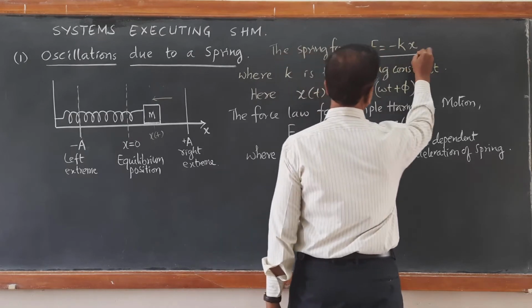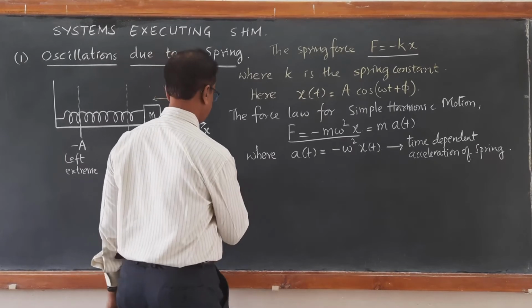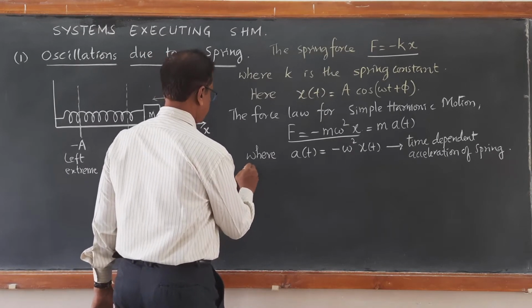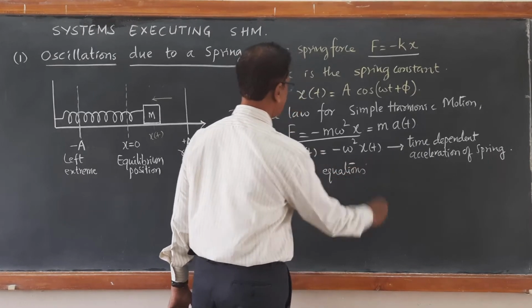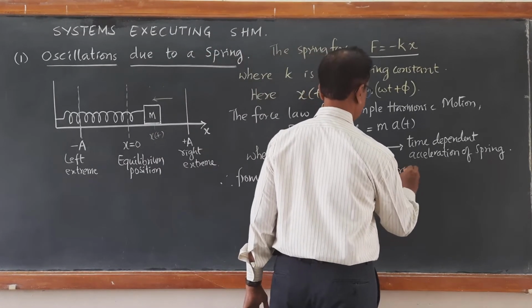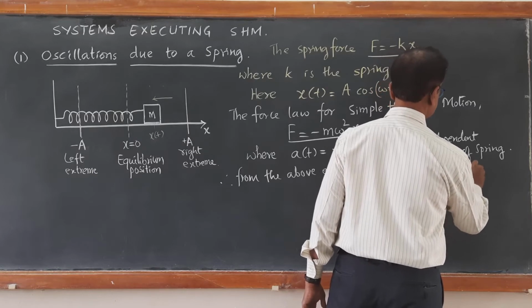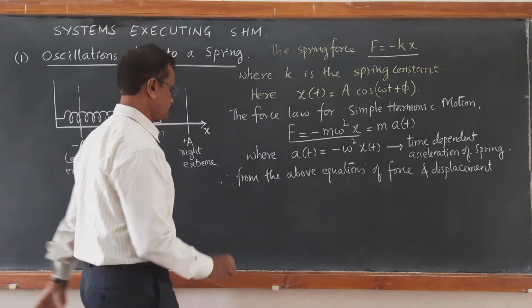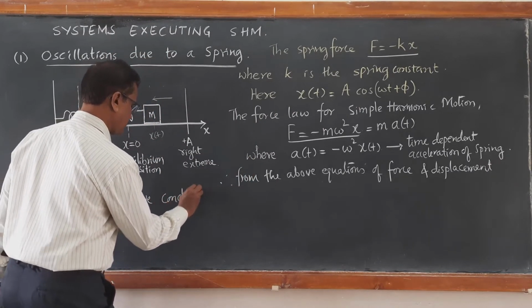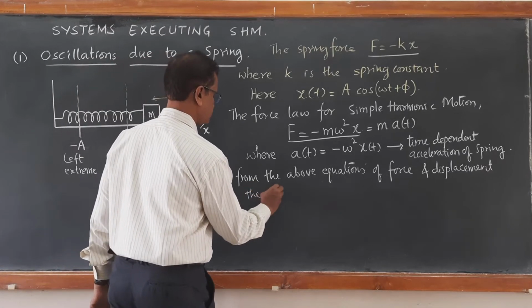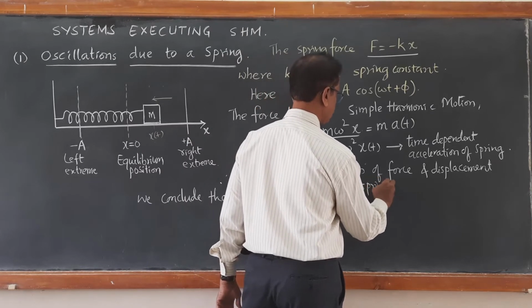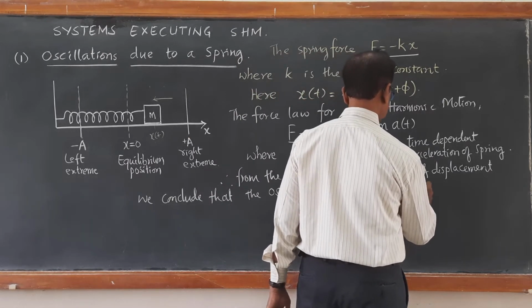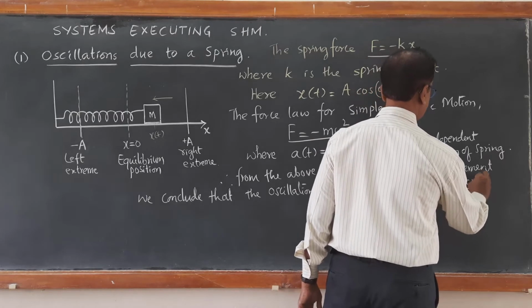So when you compare m omega square x with F equal to kx, from the above equations of force and displacement, we conclude that the oscillations due to a spring are executing simple harmonic motion.